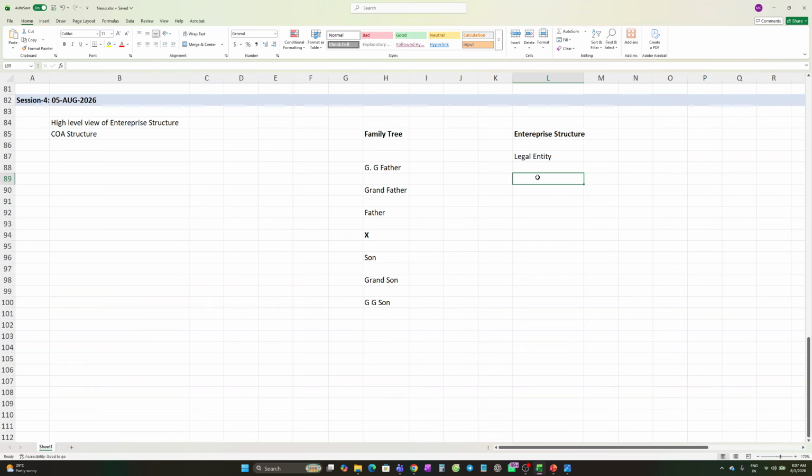Under the legal entity, we have ledgers. Under the ledgers, we have business units, in short BUs. In ledgers there are two types, primary ledgers and secondary ledgers.